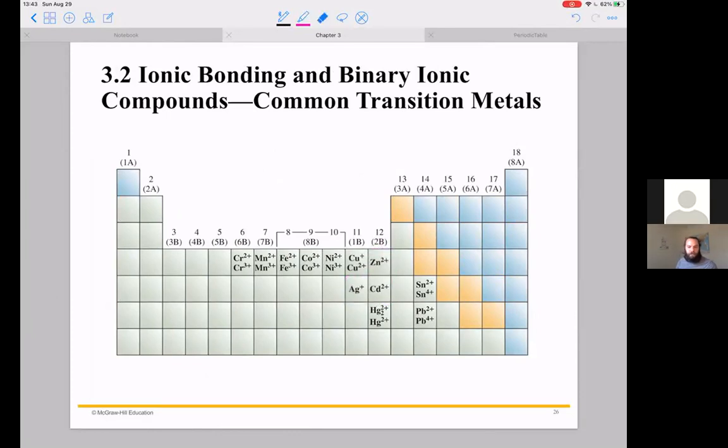I don't like memorization, so I like to just keep it simple and say all transition metals, everything down here, we're going to have to be told what the charge is. And we'll see that we write these a little bit differently as well. But basically, if you want to memorize those exceptions, I'll accept both answers when it comes to it. But if you don't want to have to memorize them, I'm perfectly cool with that.